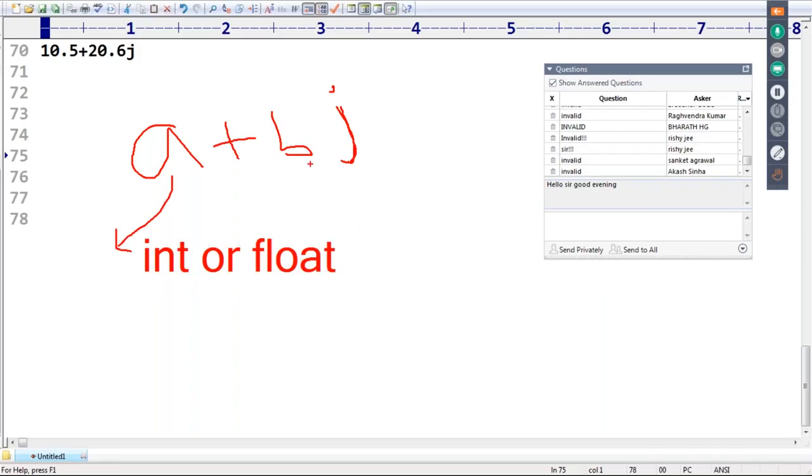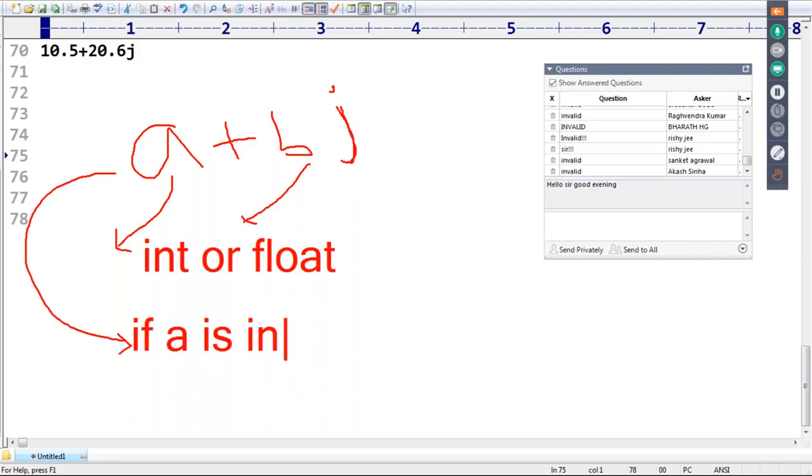B can be either int or float. No problem at all. Int values are allowed, float values are allowed. If A is int type, then you can use decimal or octal or binary or hexadecimal.